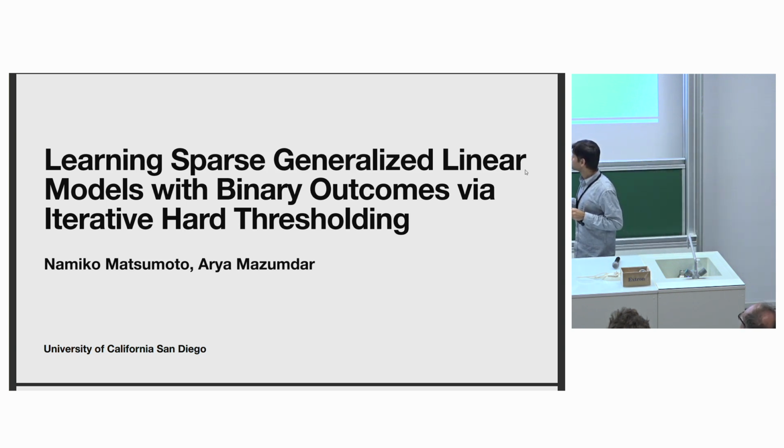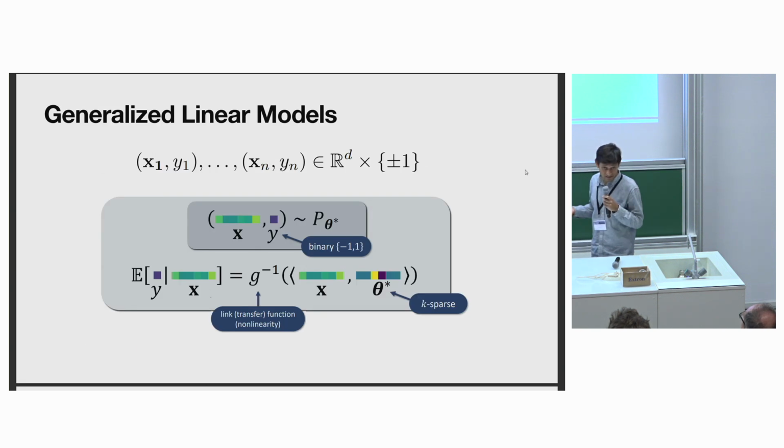As I said, this is what a generalized linear model looks like. You have covariates x, and you have labels y. They are sampled from some distribution. It's slightly more than a linear model.